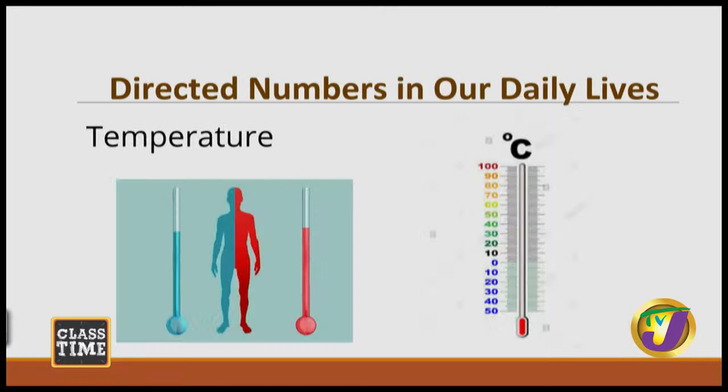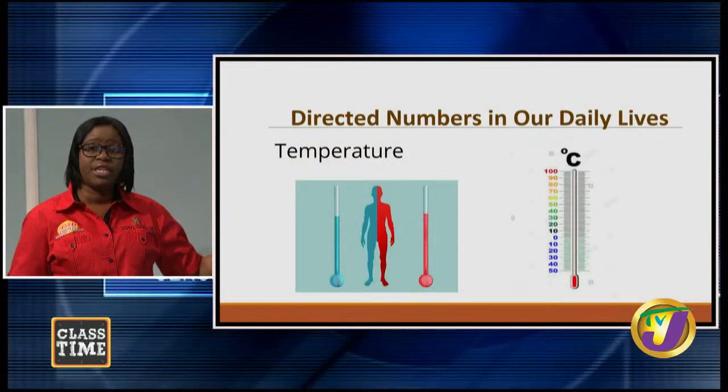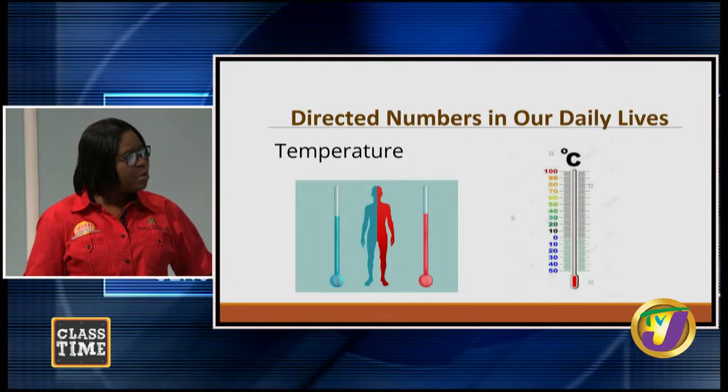Yes. Now, our body also gives us information in terms of our temperature. We usually use a thermometer, which in this case is measured in degrees Celsius, to tell us the temperature of our body. Now, the blue indicates coldness, and the red indicates heat or warmth. As your body temperature increases, the value of the numbers will rise on the thermometer, and as your body temperature decreases, the value of the numbers will decrease.